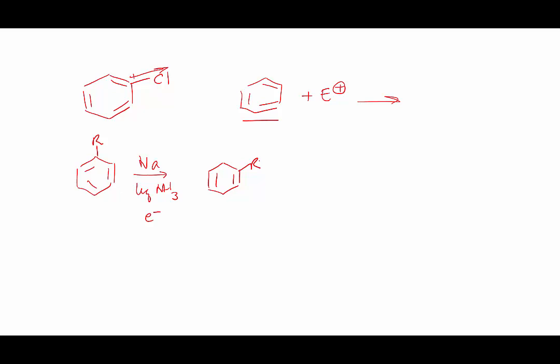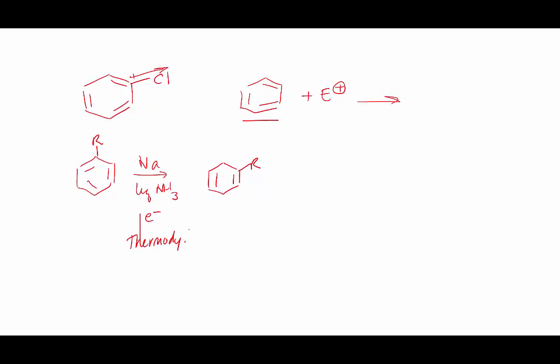Now, if you have two alkyl groups and you can't quite fit them both to a double bond, and they were different, then you get 50-50 of each. But this is basically a thermodynamic process, meaning you're going to form the most stable product. What else?